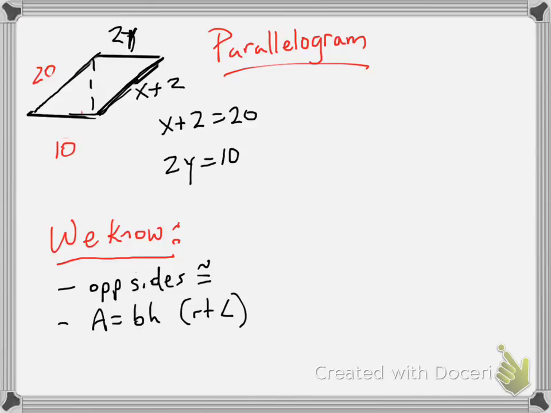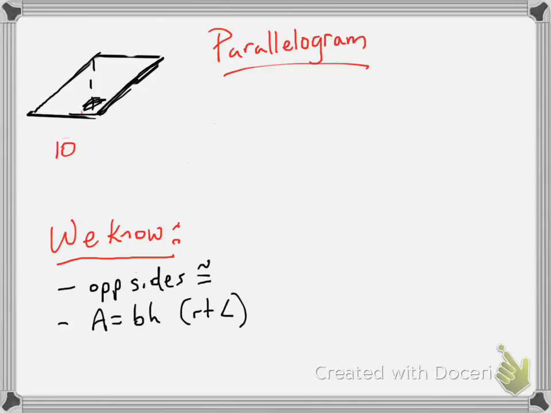The other thing that you may get with an equation with a parallelogram is relations to the angles. Because we have a parallelogram, any two angles in a row are supplementary. So if I have this angle and this angle, and one of them is x plus 2 and one of them is 2x, I could do an equation: 2x plus x plus 2 equals 180.